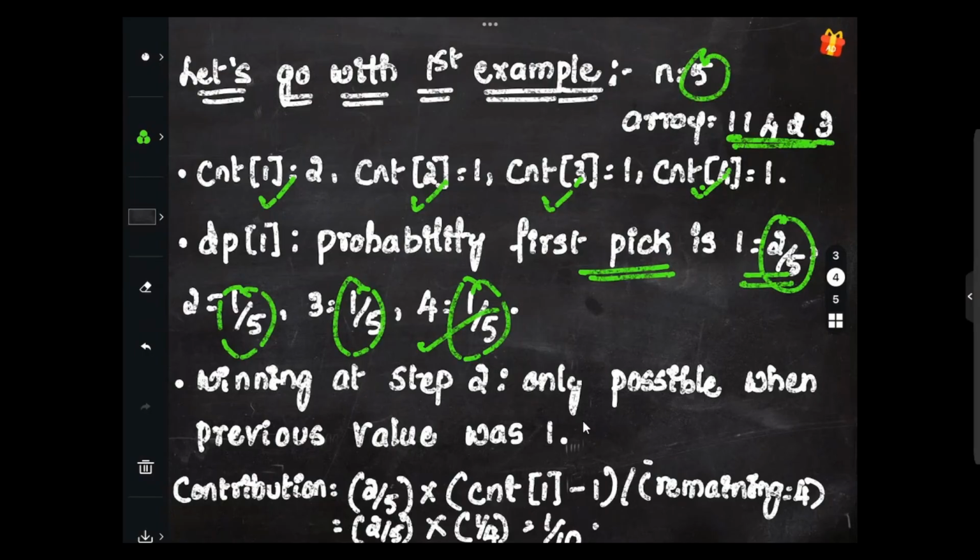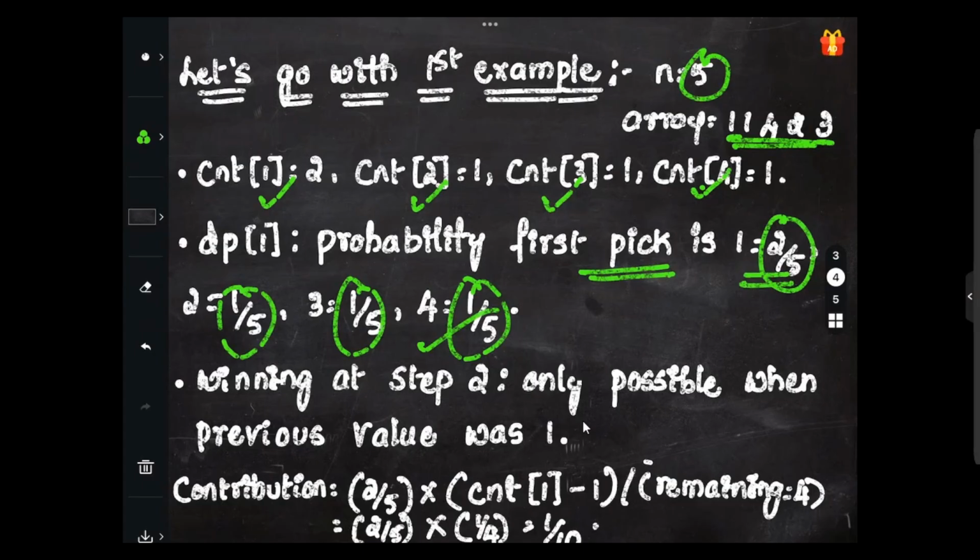So winning at step 2 is only possible when the previous value was 1, right? So let's go with the contribution: 2 by 5 is the probability for count of 1, into count of 1 minus 1 over the remaining.